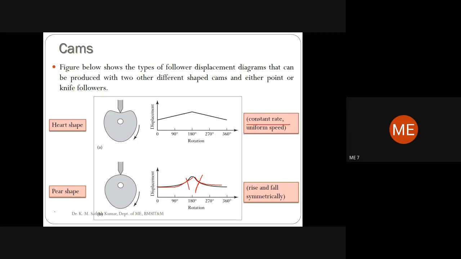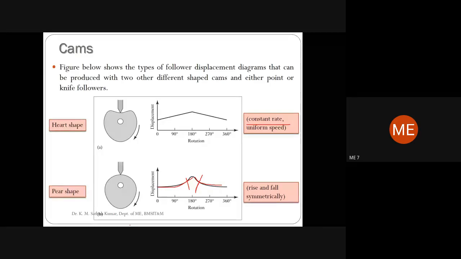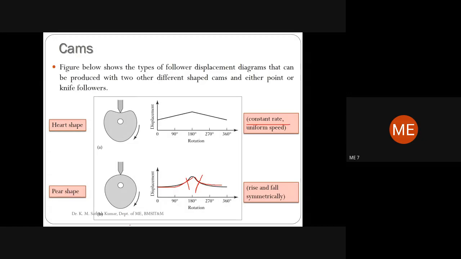This is generally used in the engine control mechanism, that is the engine management system. In this case, this is the rise portion and this is the fall portion. This portion is what we call the dwell portion.